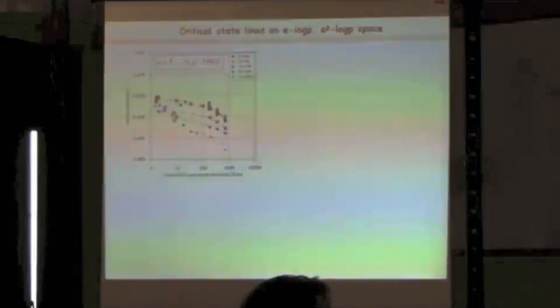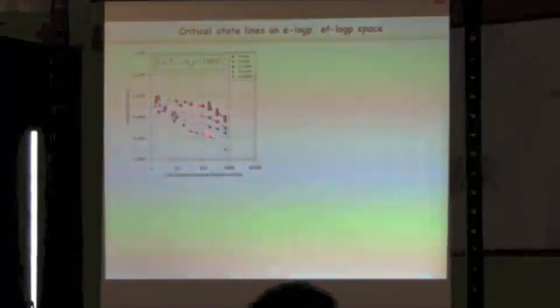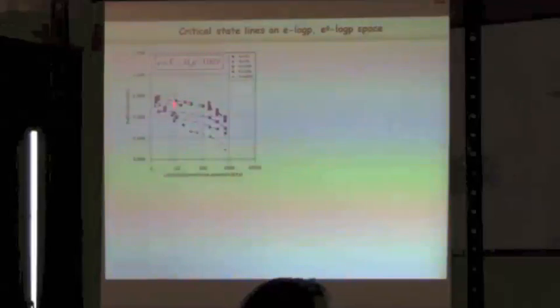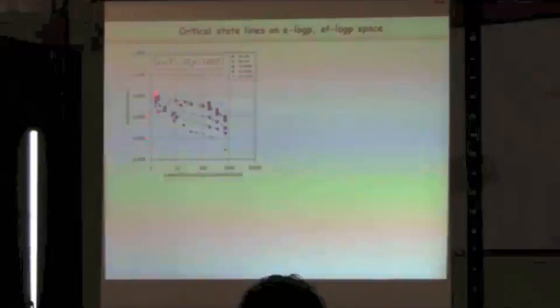In terms of the analysis of the critical state line, we reported here all the points obtained at steady state for the several series of tests. We see clearly here that for each fine content, we have one critical state line, which is different from one to the other, depending on the fine content. We can see also that the shear resistance in this case at the critical state line decreases as the fine content increases.